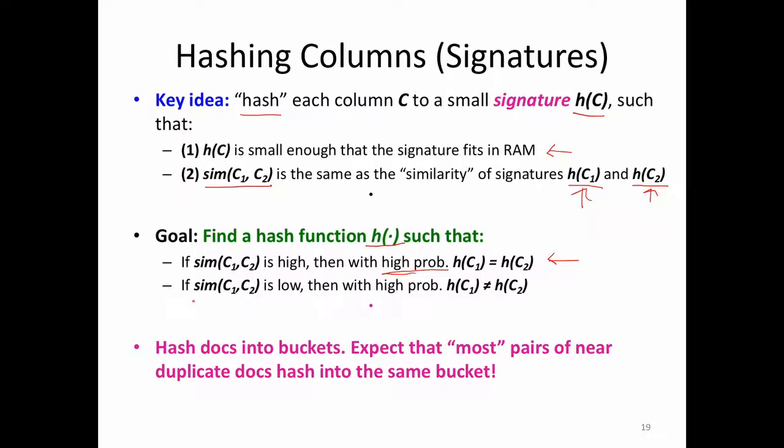And if sim between c1 and c2 is low, then with high probability h of c1 is not going to be equal to h of c2. So this is the sense in which we say that the hash signature preserves the similarity.